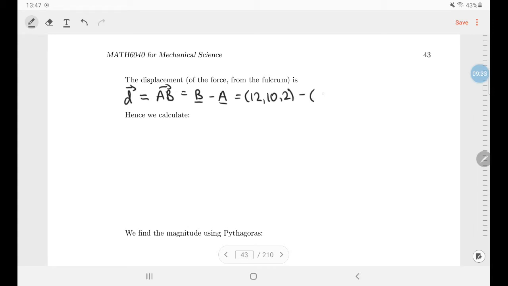And the coordinates of A are 2, 2, 6. So 12 minus 2 is 10. 10 minus 2 is 8. 2 minus 6 is minus 4.